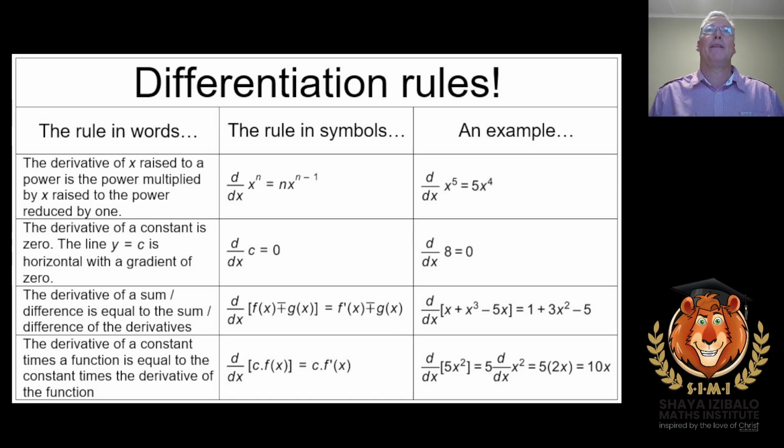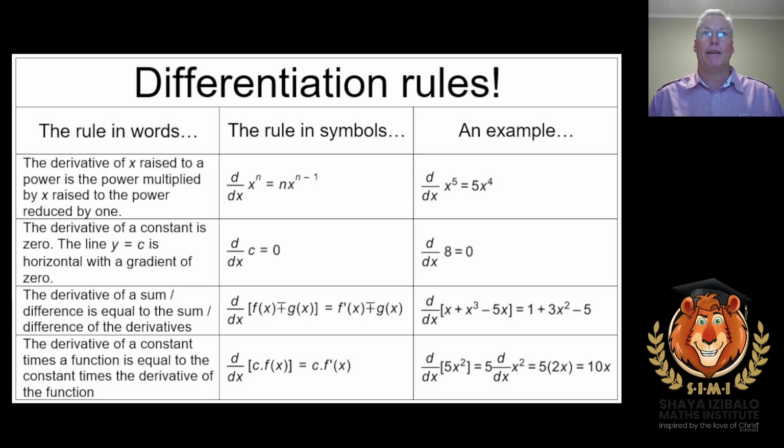The next one is that if we are adding or subtracting terms, we can differentiate each term and add and subtract them. We can do them each separately. So for example, if we're differentiating x plus x cubed minus 5x, then we can differentiate each of those separately to get 1 plus 3x squared minus 5.